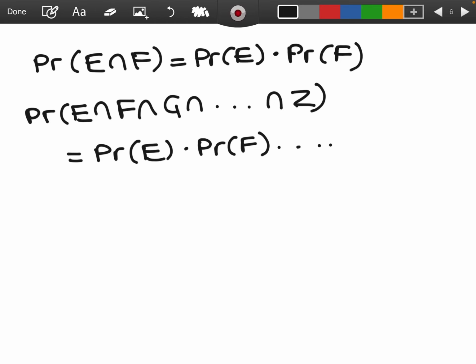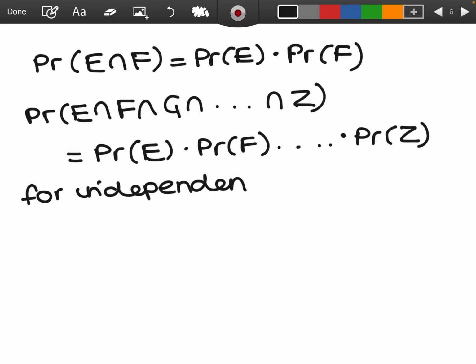Depends how many events you've got. This extends to however many events are independent. So this works as long as your events are independent.